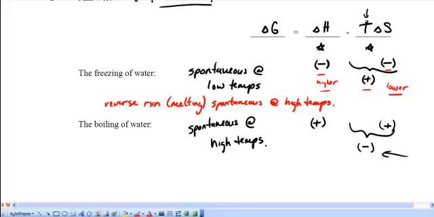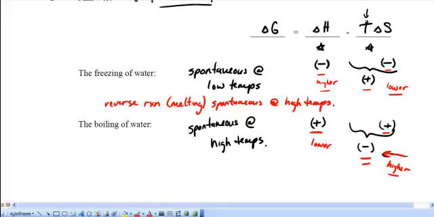We did the same thing with boiling of water. We showed you the sign of delta H, the sign of delta S, and so now, again, we have one positive, we have one negative, and so in order for this delta G to be negative, this must be higher than this. Well, how do you make sure that this is higher? You have to have higher temperatures.